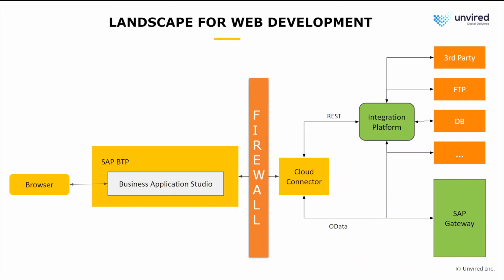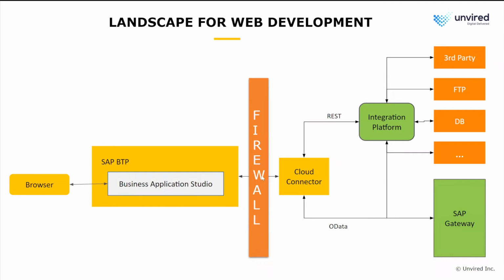So here is a block diagram which shows you the technology components which are new in addition to the infrastructure that you already own. Let's say, for example, you have an SAP ECC system where you want to build or extend Fiori applications. So the infrastructure that you will need to really build these applications is a subscription to the Business Application Studio on the Business Technology Platform.